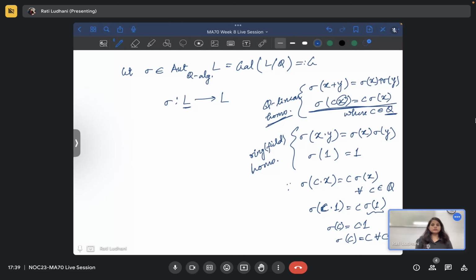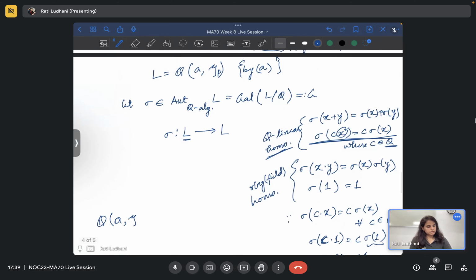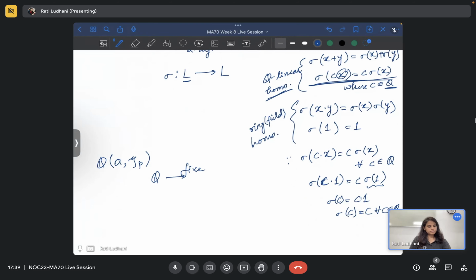Now all the elements of Q, A and zeta P. I forget B all the time, sorry about that. So we know that Q is fixed, and if this is fixed, every element will map to itself.